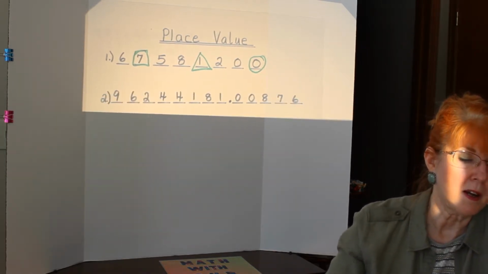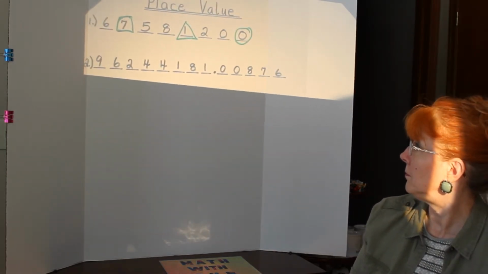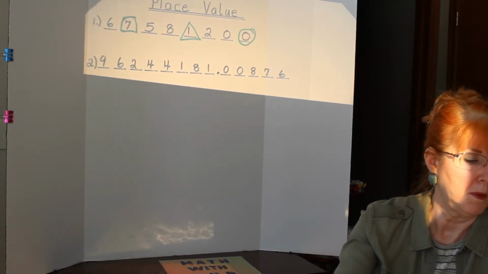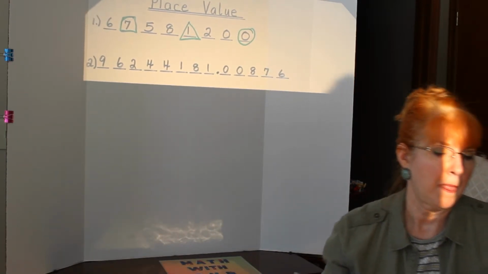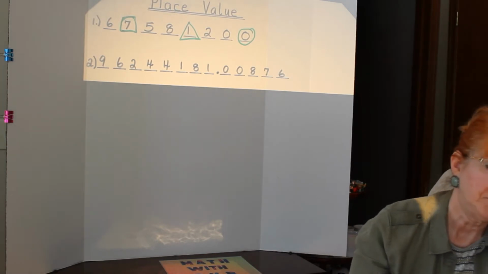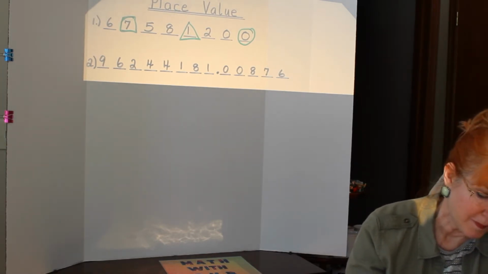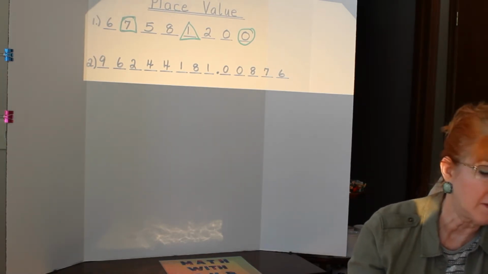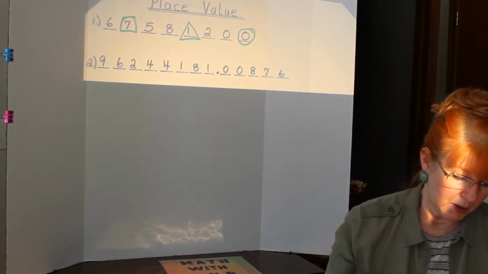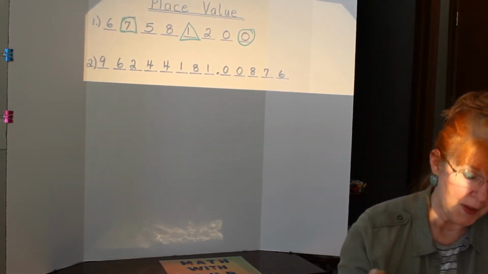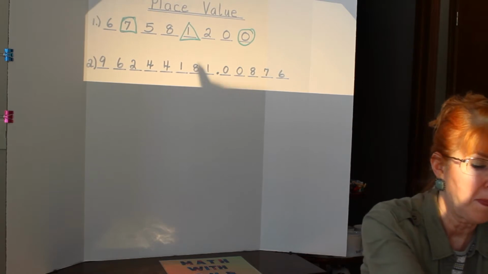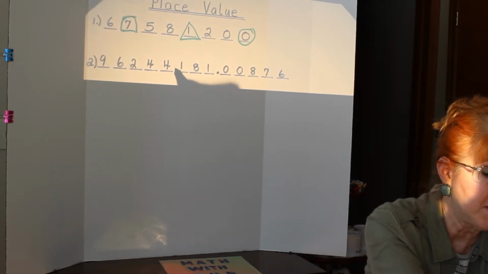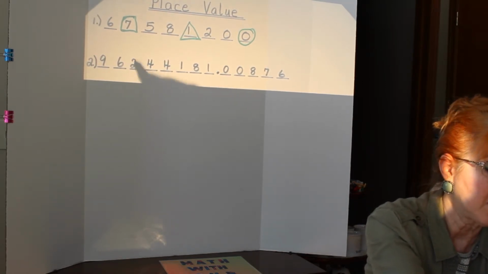Take a look at the second number. So I have cross out using a one stroke the number in the 100,000 column. So I've got 100, 1,000, 10,000, 100,000.